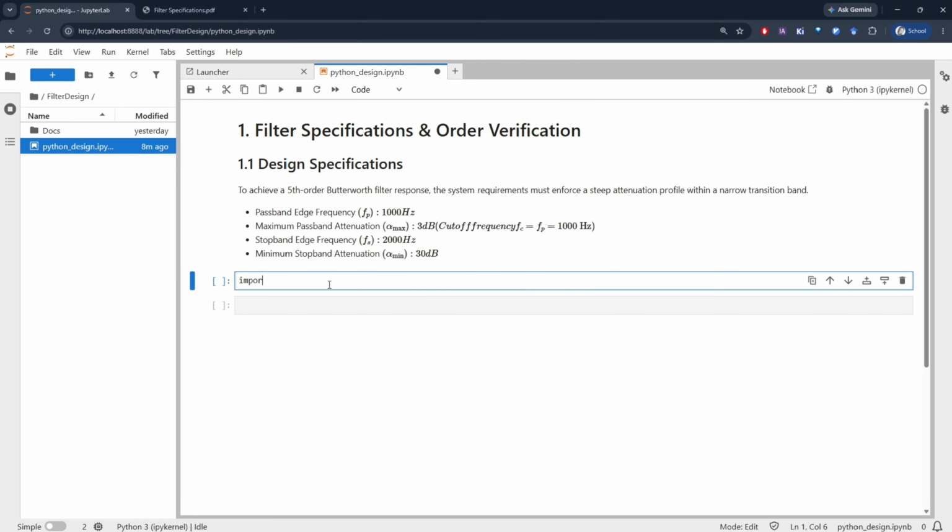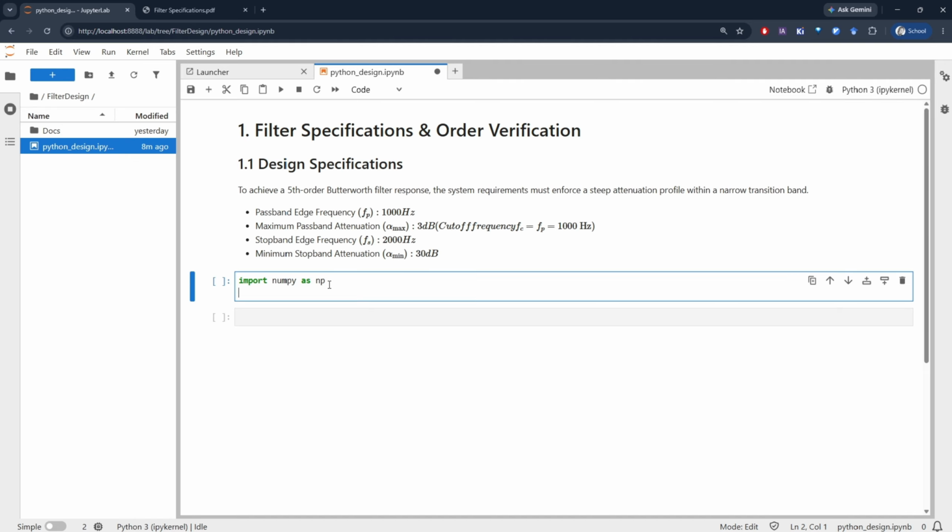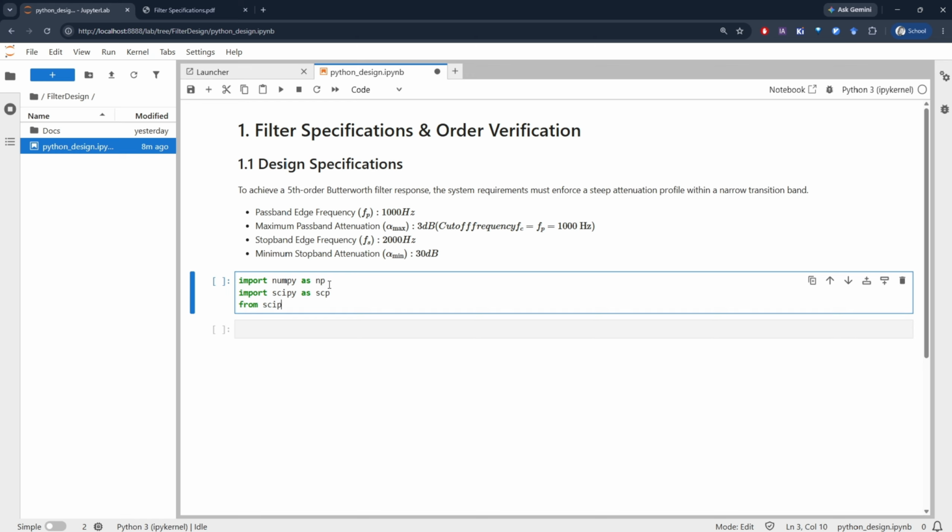I'm going to install the following libraries. The first library, I'm going to import numpy as np. Then import scipy as sp, from scipy.signal import butter order. I'll check beta.